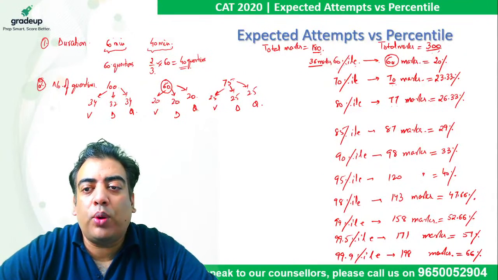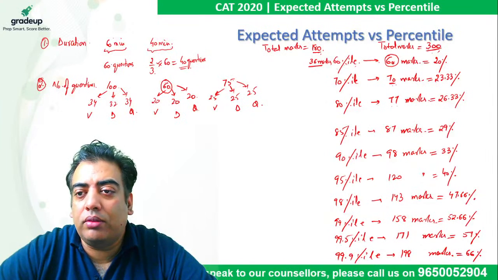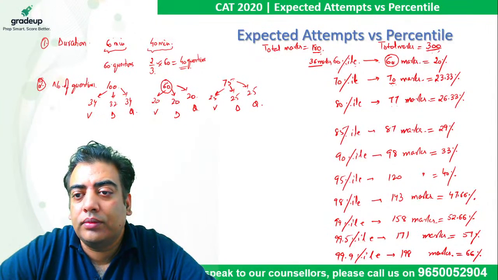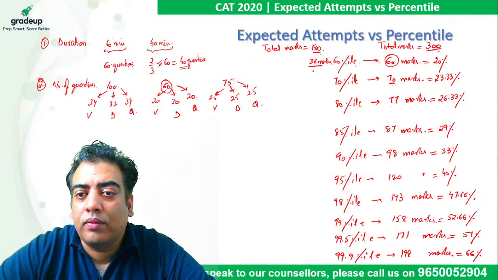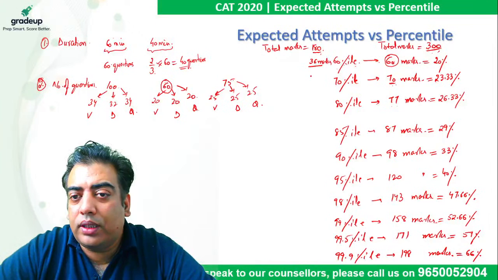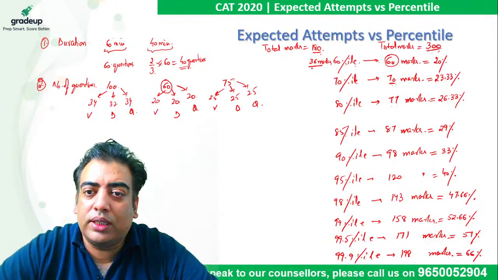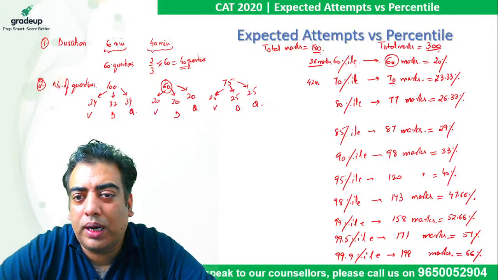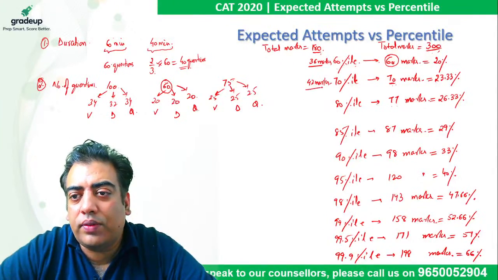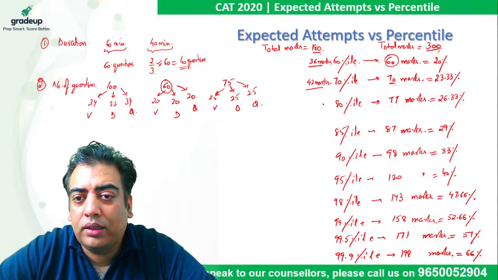So 23.33% comes out to be somewhere around, give me a sec. Somewhere around, we need to increase the value by 3%, right? Around 6 marks will increase. So around 42 marks will fetch you 70 percentile, right?